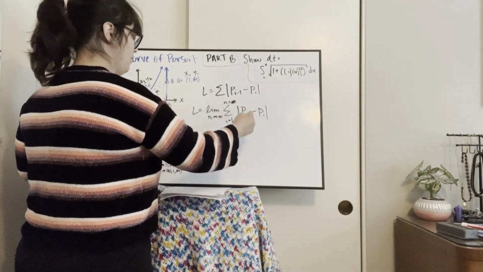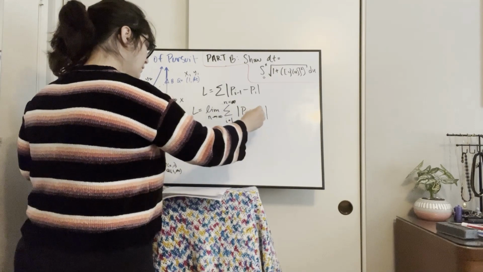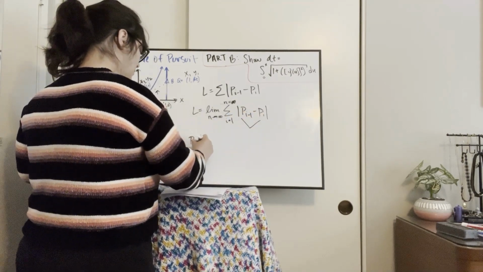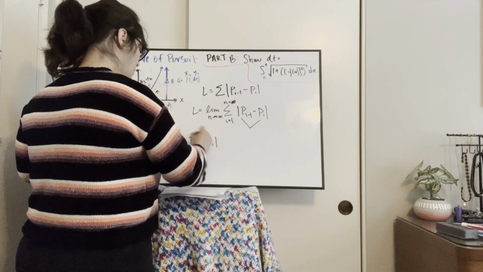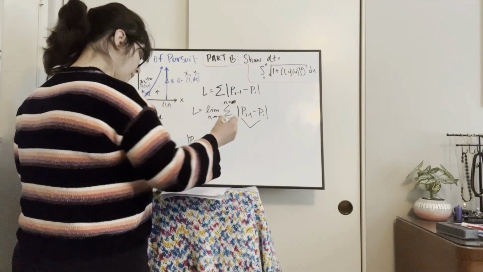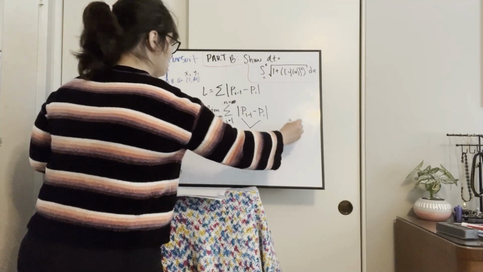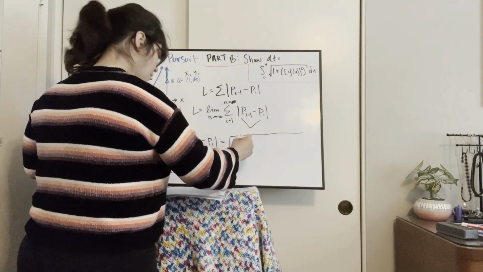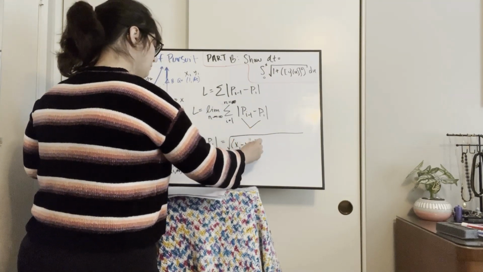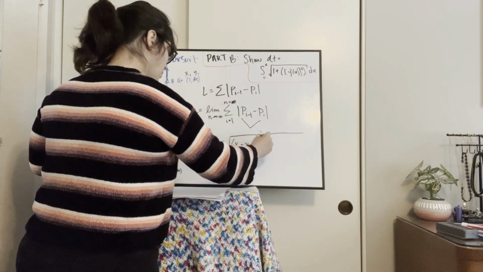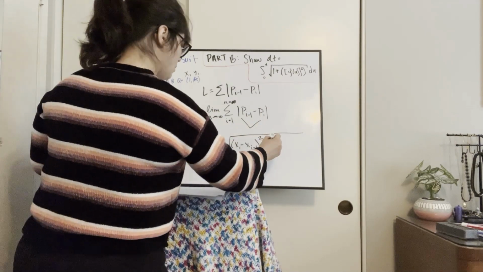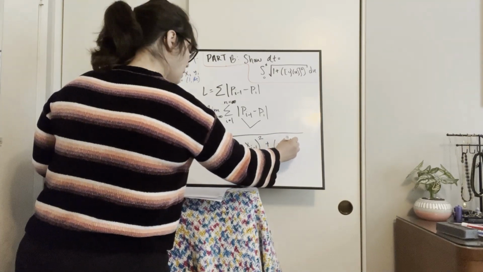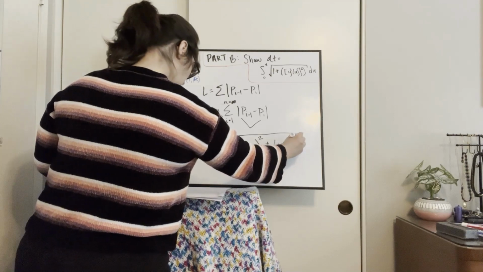So we're going to rewrite this part here as P sub i minus 1 minus P sub i, and that's going to equal the square root of (x sub i minus x sub i minus 1) squared plus (y sub i minus y sub i minus 1) squared.